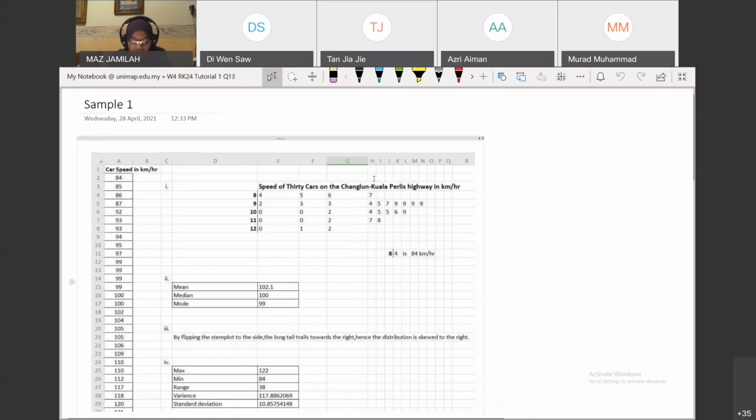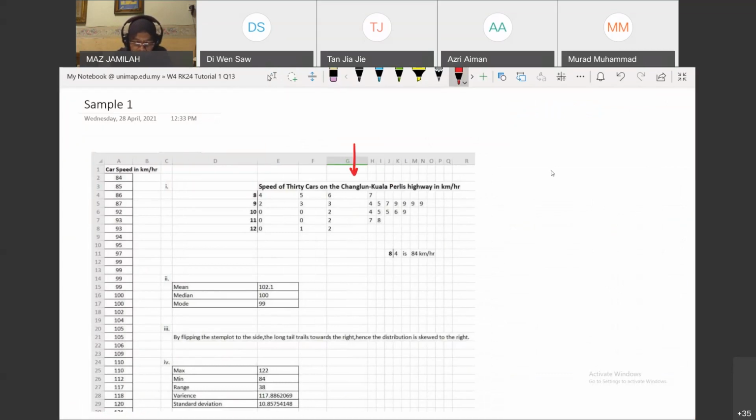Let us look at the first question, the stem and leaf plot. For the first sample, if possible, for a stem and leaf plot, you should have this particular setting for your leaf. This is the stem, and the rest of the details will be the leaf, and the leaf refers to the last digit of your data.